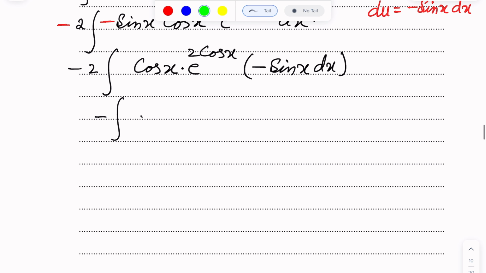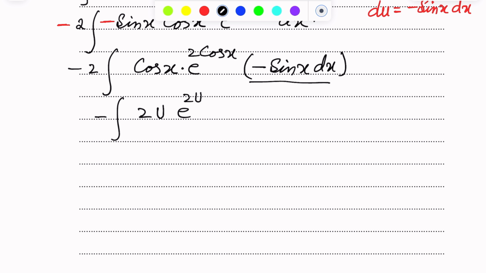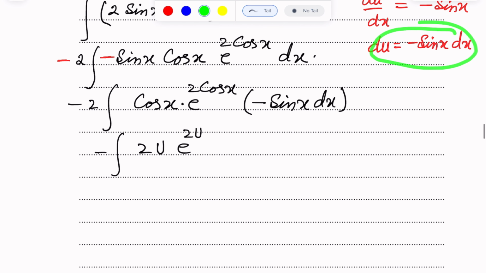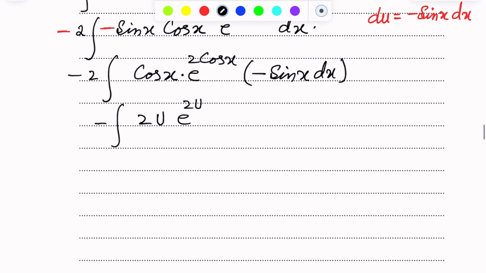So we can write 2u, in place of x we are putting u, e power 2u, and this minus sin x dx becomes du. So we write du.